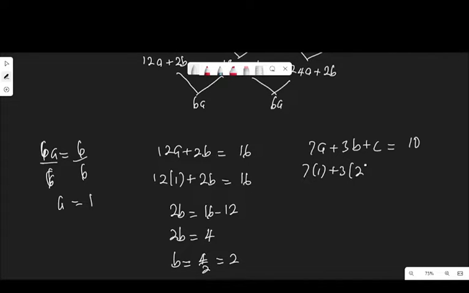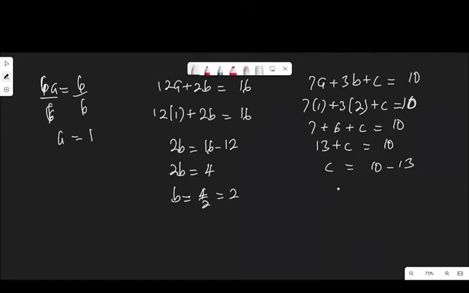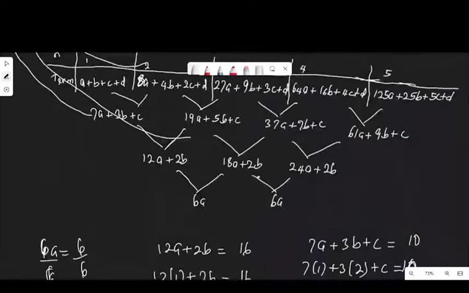B is 2, plus C is equal to 10. That is 7 plus 6 plus C is equal to 10. 7 plus 6 is 13. 13 plus C is equal to 10. C, therefore, is 10 minus 13, which is minus 3. That is the value of C.